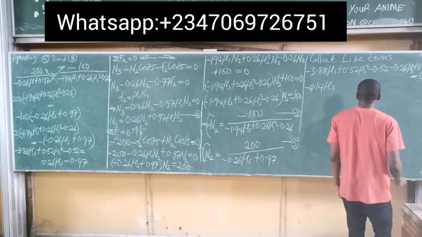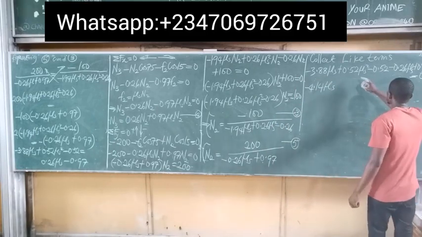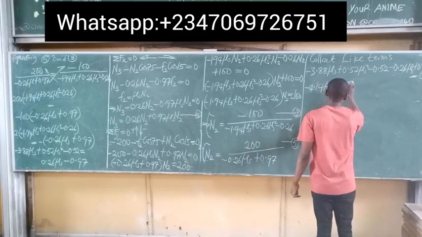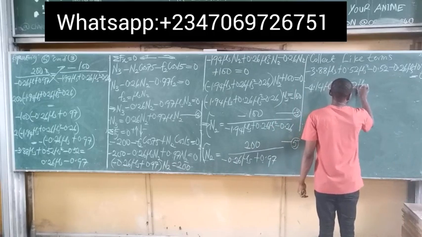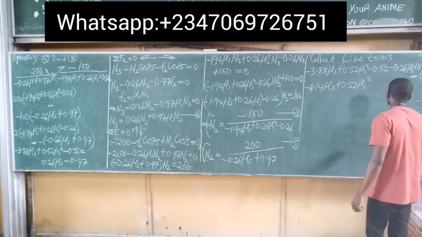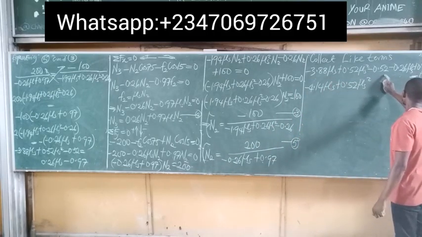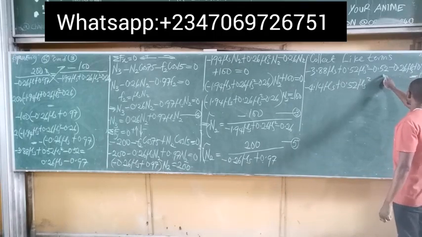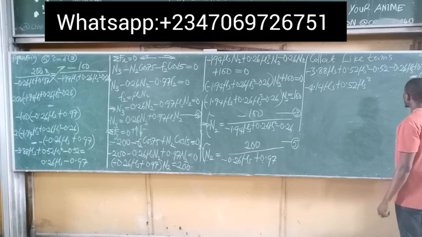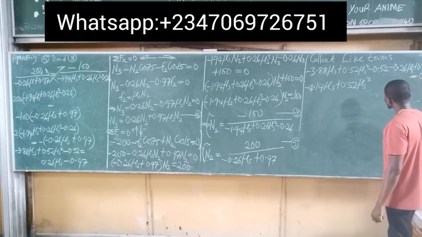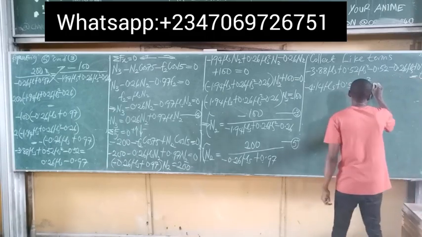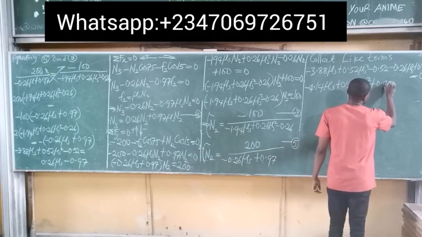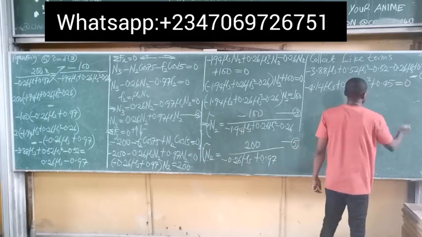I also have plus 0.52 mu x all squared. Then I have minus 0.52 plus 0.97, which gives 0.45. So plus 0.45, and both of this is equal to 0.